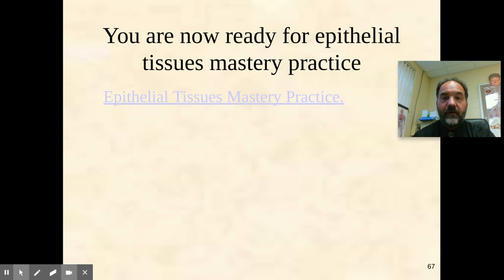Spread those attempts out. And if you are having trouble identifying those, it takes practice. The first couple times you go through, it's going to be rough. But by the time we are done with the in-class work and the lab and this lecture, which you always have access to, and the epithelial tissues mastery practice, you will get the hang of it. Okay, but you do have to practice.